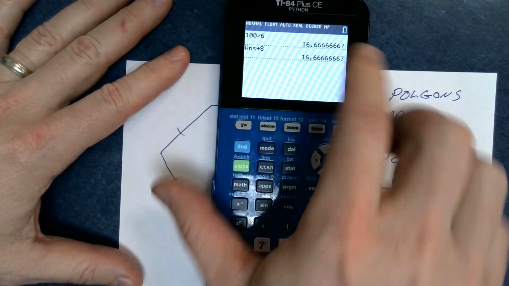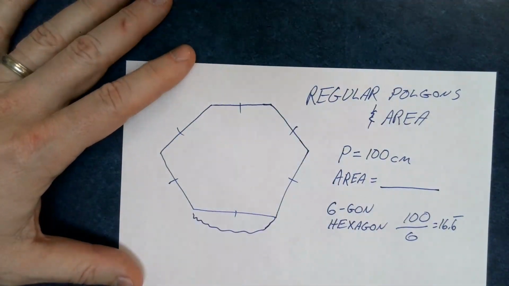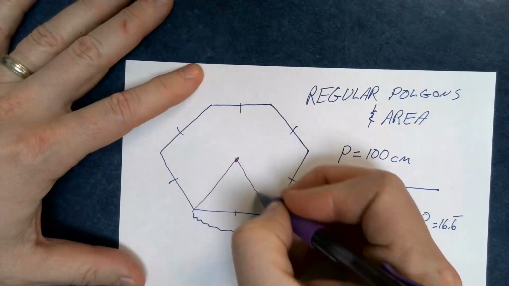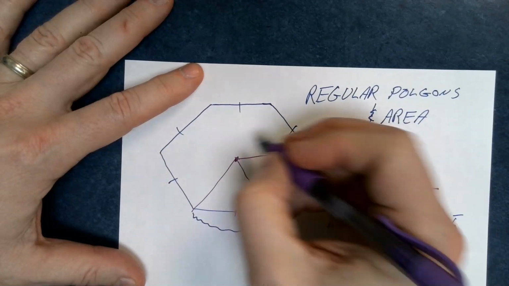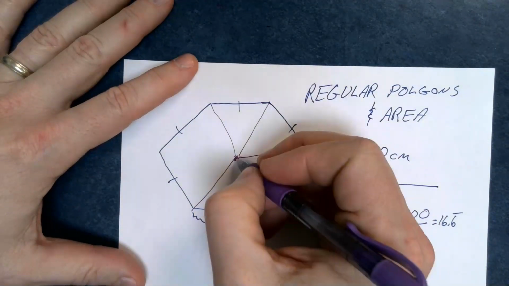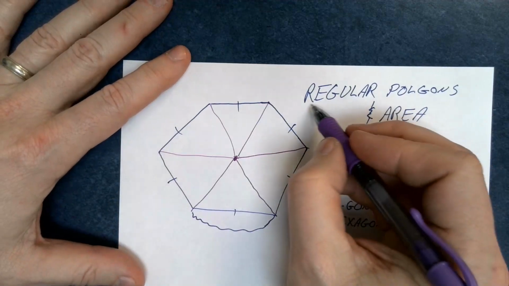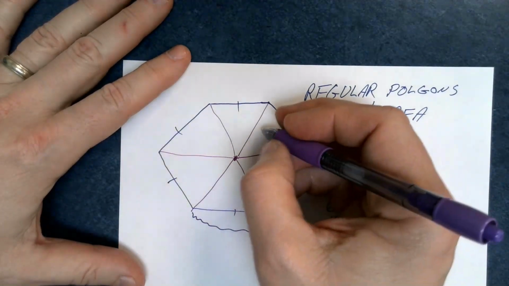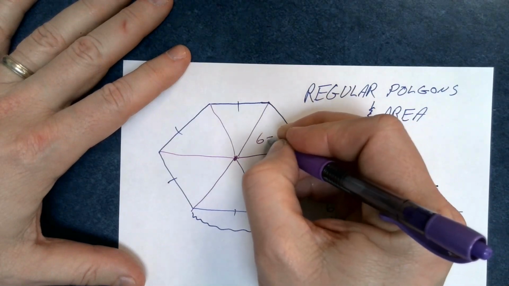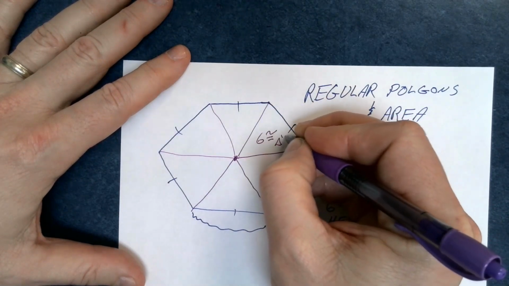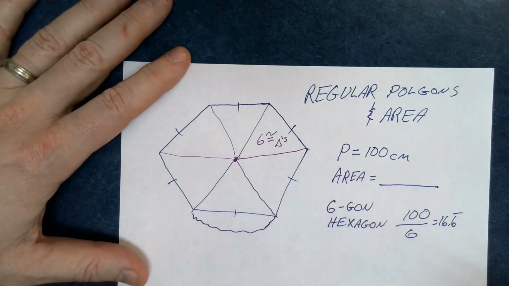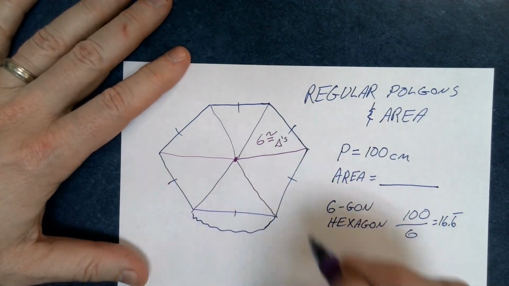That's representing a side, okay? And I know that on any of these regular polygons, if they're regular, meaning all sides and angles are the same, they're made into 6 congruent triangles. So if I can find the area of one of the triangles, then I can find the area of the entire shape.